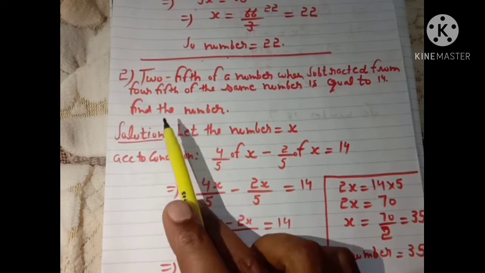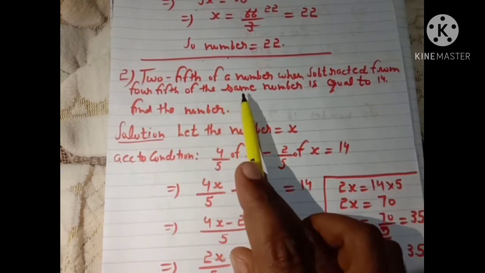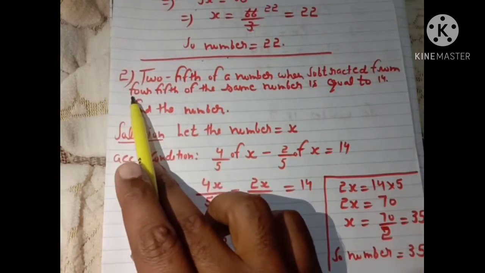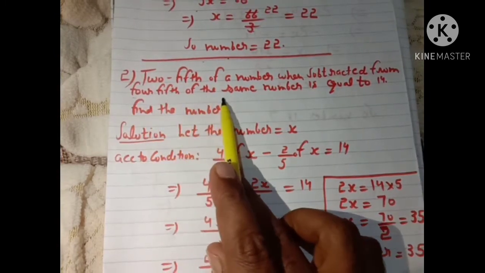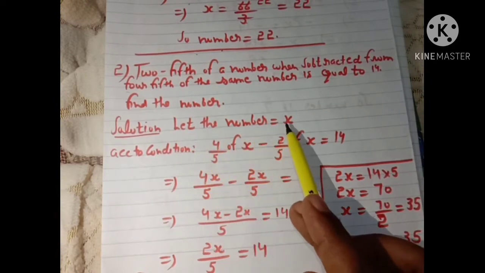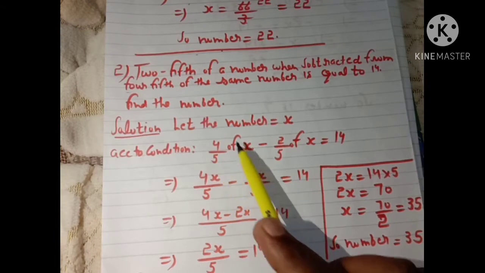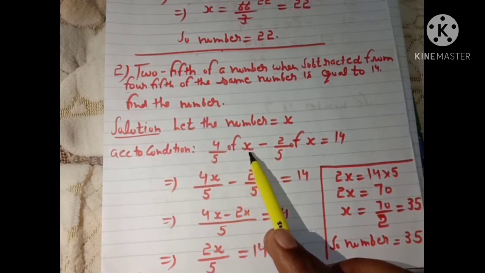Okay, now you can see 2/5 of a number when subtracted from 4/5 of the same number means first of all we have to write down the 4/5 of the number. The number is x here, so 4/5 of the number means 4/5 of x.